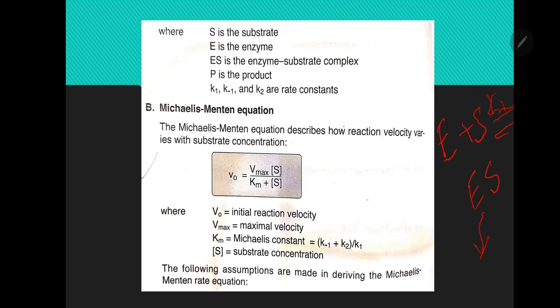Its cleavage takes place, the enzyme is liberated as such, and the product P is formed. So in this equation, E is the enzyme, S is the substrate, ES is the enzyme-substrate complex, and P is the product.